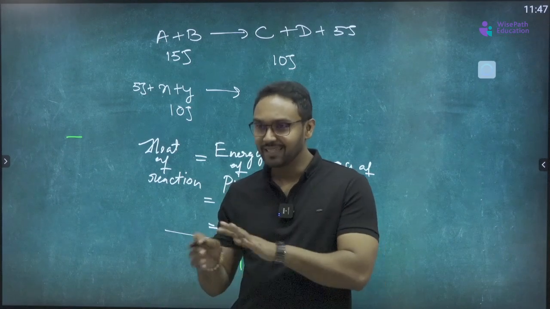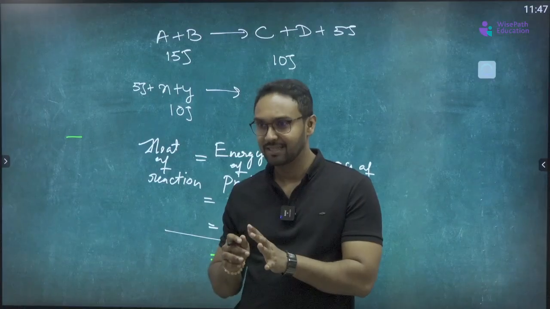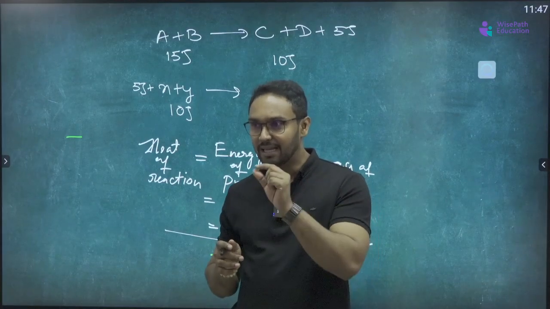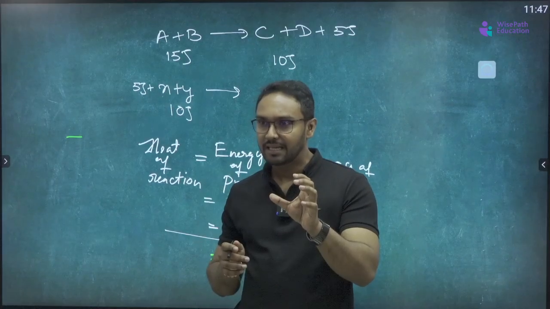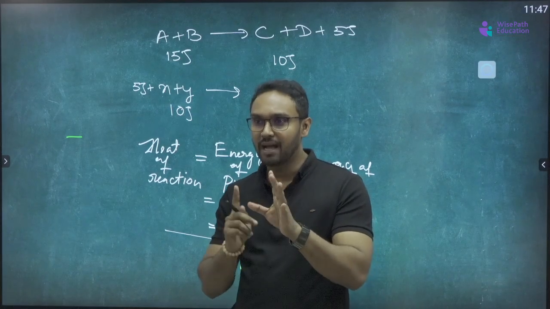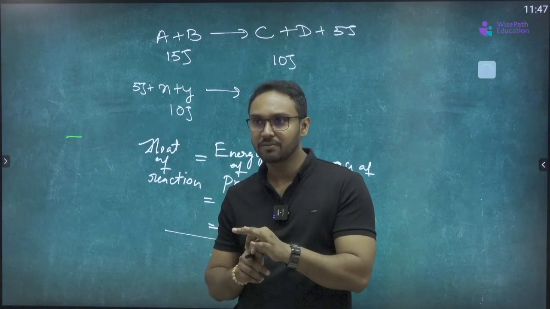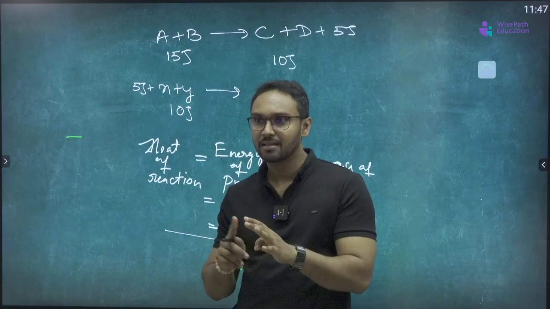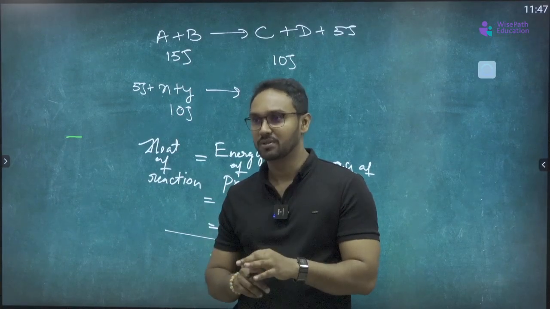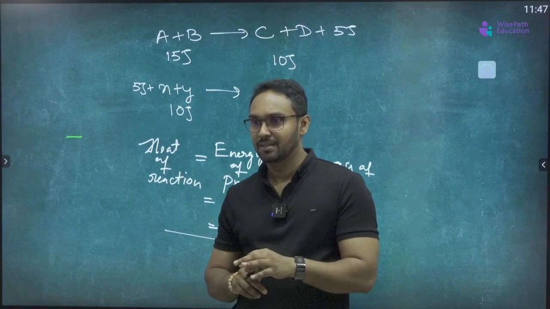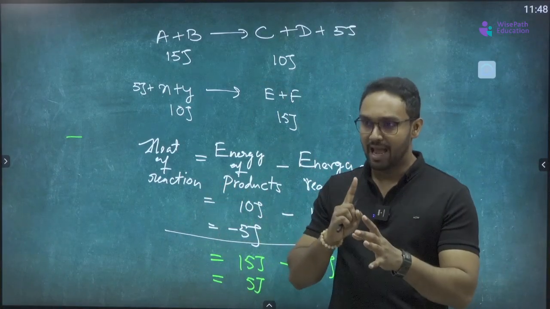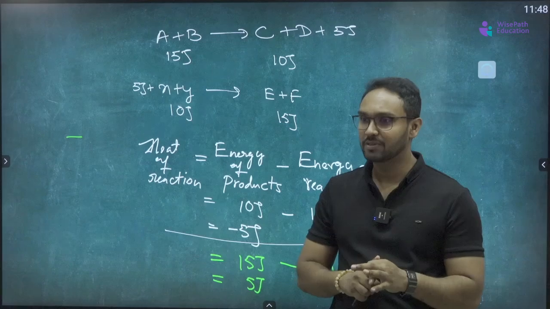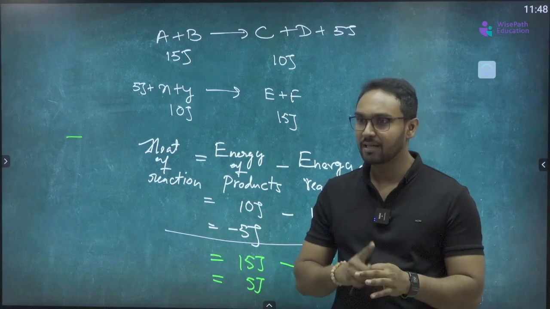Yeah, sort of kinetic and potential energy is the energy that is there. The energy that it contains inside the molecule is because of the attractive and repulsive forces of the electrons and protons.